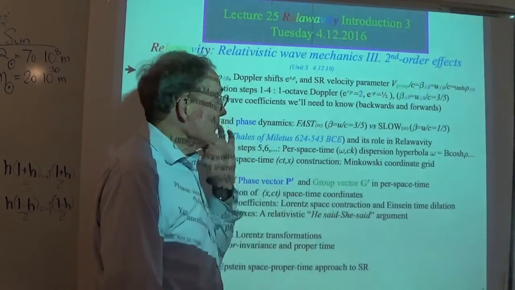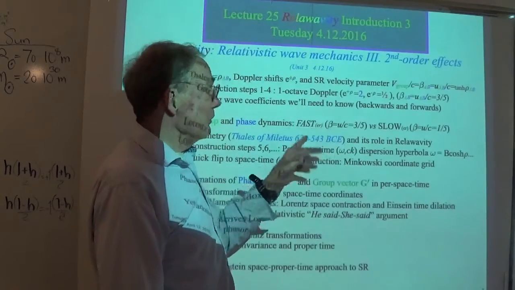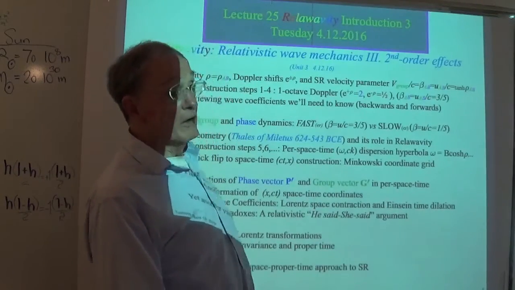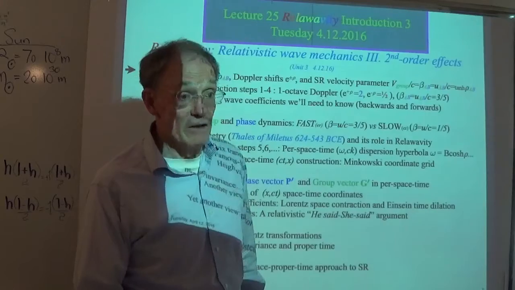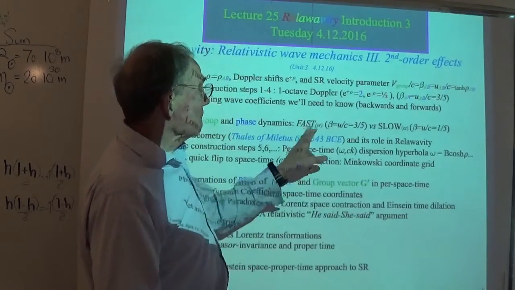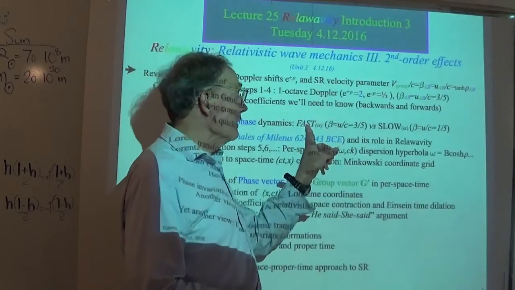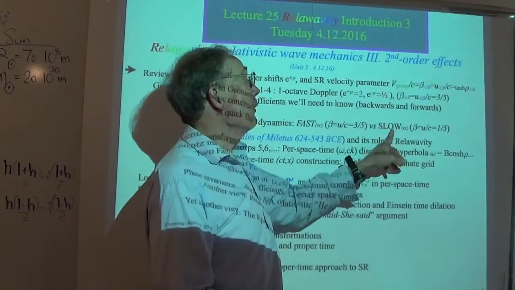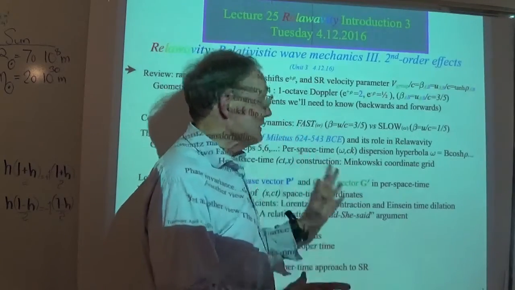But that's the one I call the faster. Your homework to do on your own is one that has 4/5 the speed of light. And that's really getting up there. But we'll compare a fast one with a slow one. Well, slower.